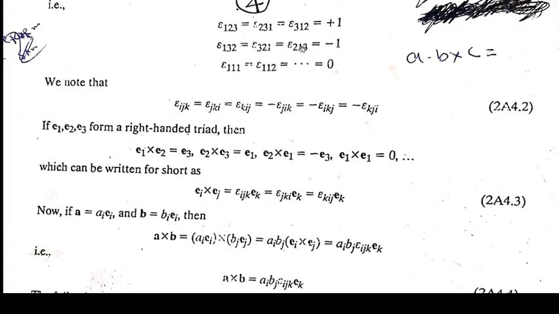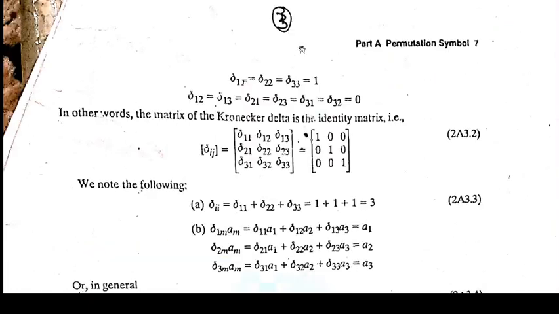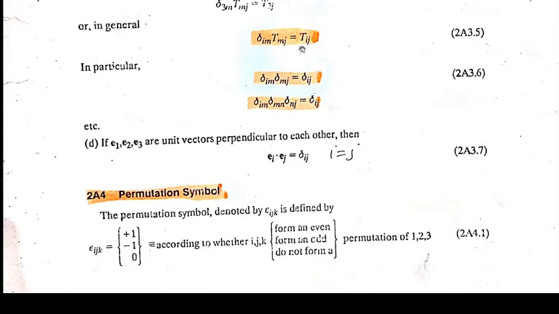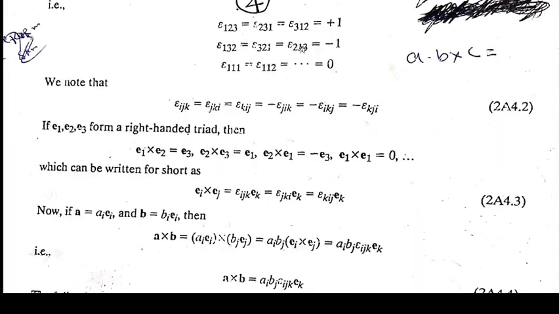Now, when would the value be plus 1? Epsilon 1, 2, 3 will be plus 1. This is an even permutation. 1, then 2, then 3, a cycle. 1, 2, 3, or 2, 3, 1, a cycle, or 3, 1, 2.